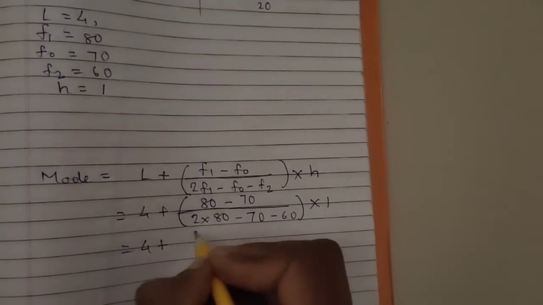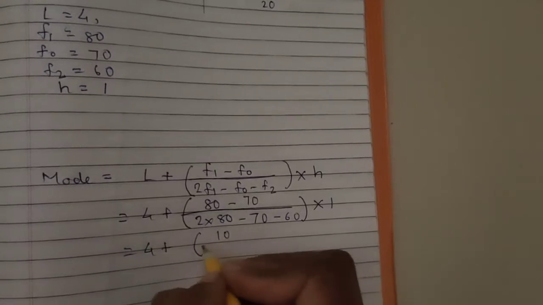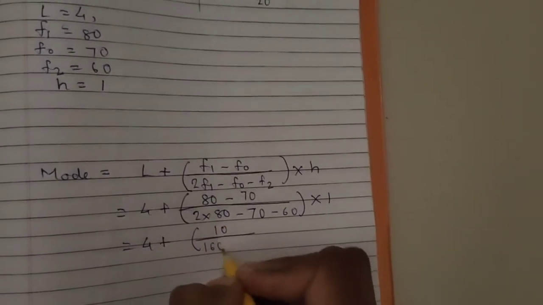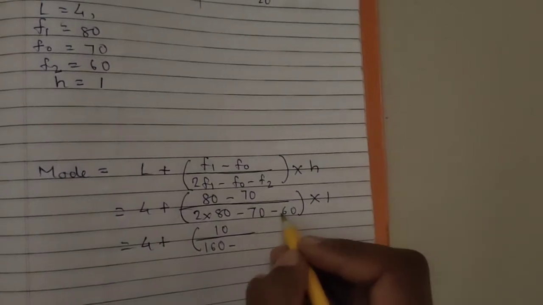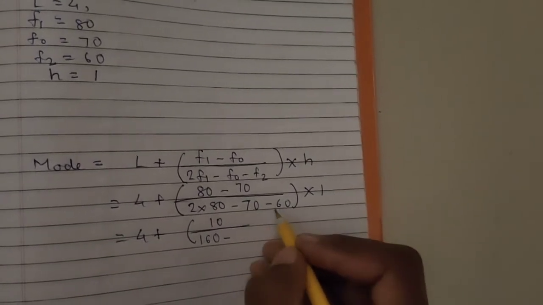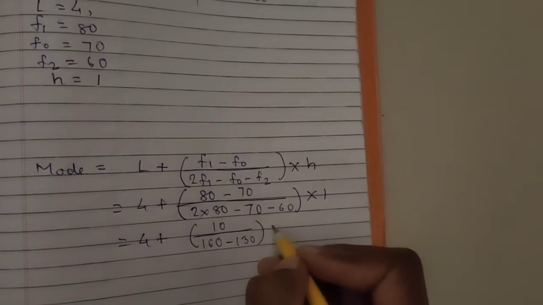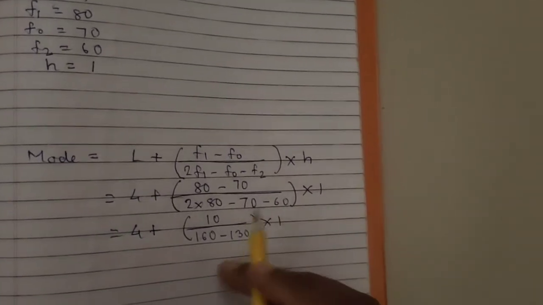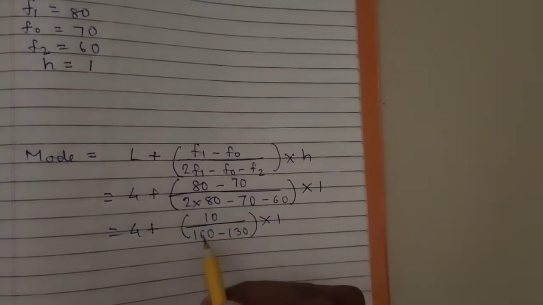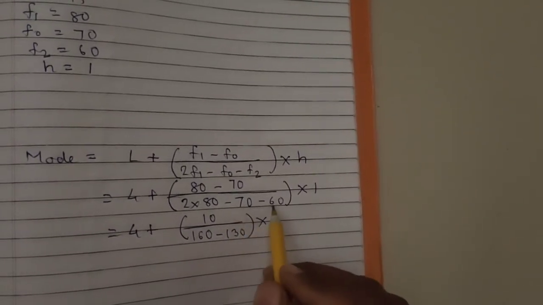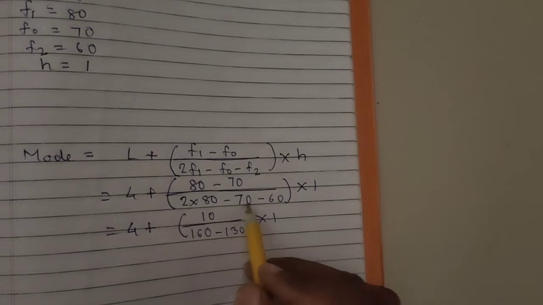Okay, now see the next step. 4 plus 80 minus 70 gives you 10. Here 80 twos are 160 minus, see both are negative, so add it, 70 plus 60 gives you 130. Okay, into 1. Understood now? 80 twos are 160 and minus sign is there. 70 and 60 you are going to add, because both are negative, so both will be added.